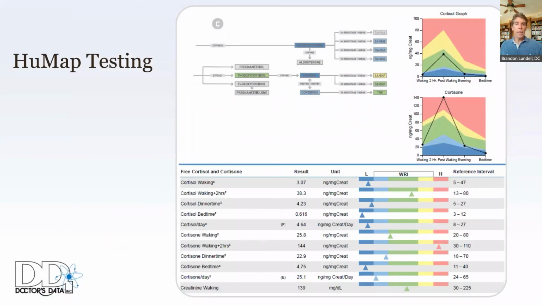There's a new test by Doctors Data called the HUMAP, and it's a urine test looking at cortisol levels. This is actually not from this patient, to be clear, but I wanted to put this on there because it's a new tool that we have, for those of you that haven't been using urinary assessments. We can look at cortisol levels.